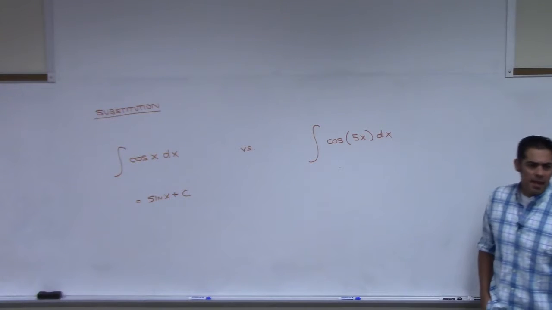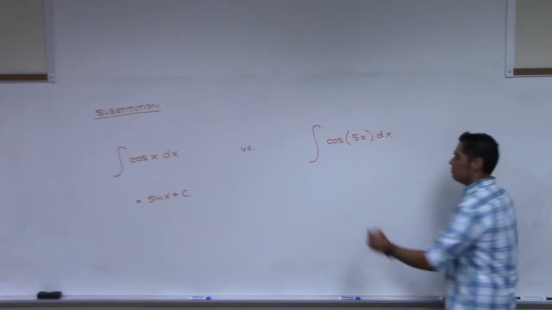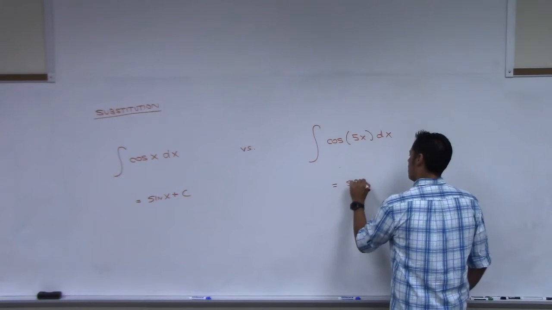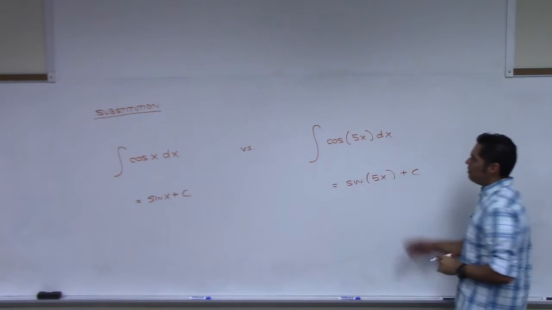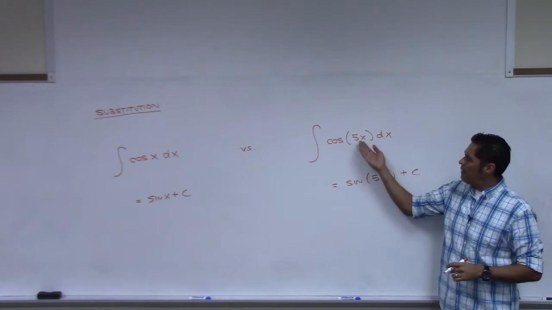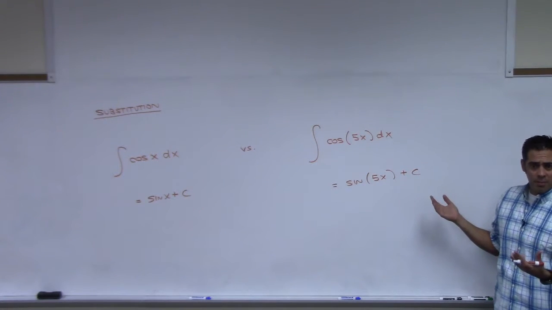Your instinct may be telling you, sine 5x, right? That seem reasonable? But what's wrong with that? What's wrong with saying that the antiderivative of cosine of 5x is sine of 5x? Chain rule would cause a problem here.